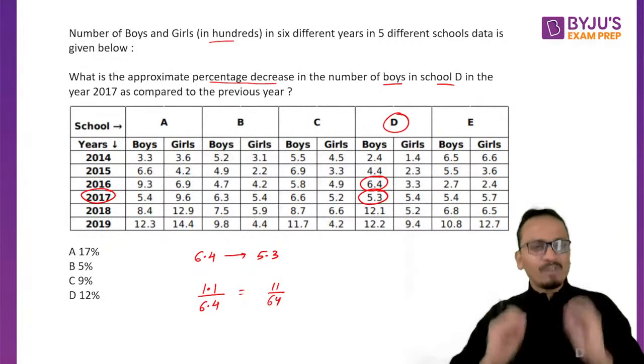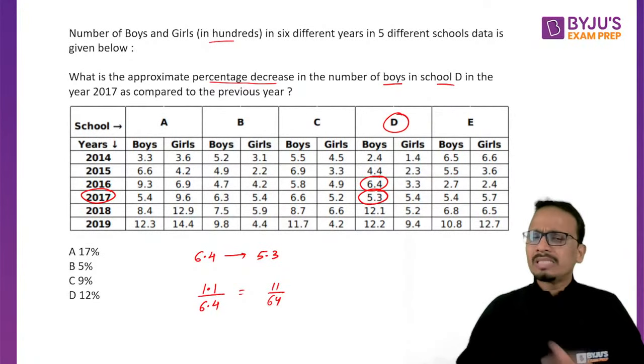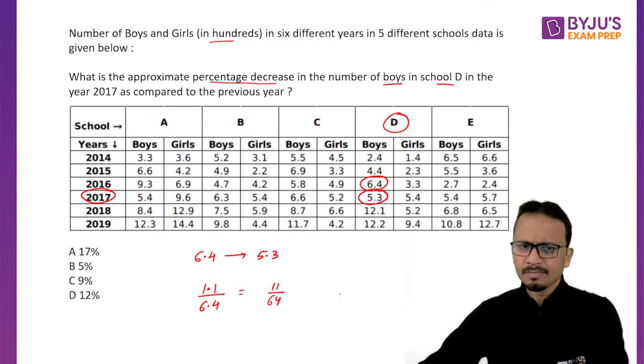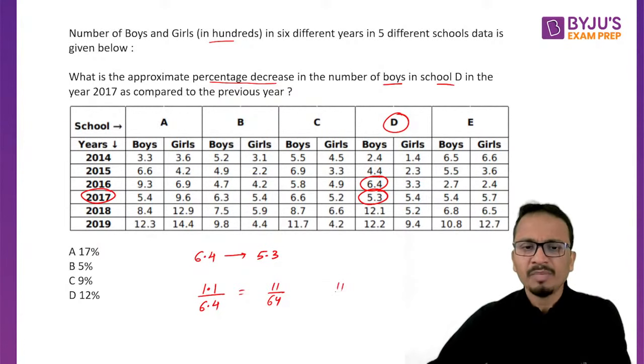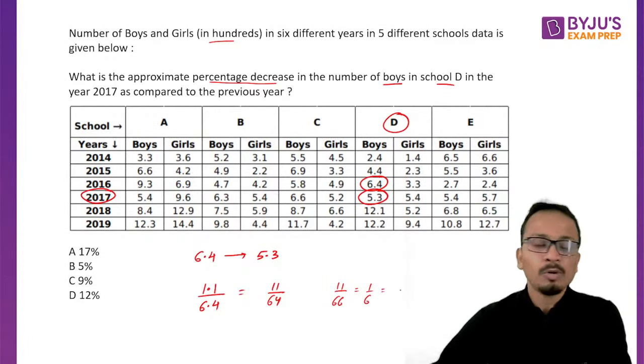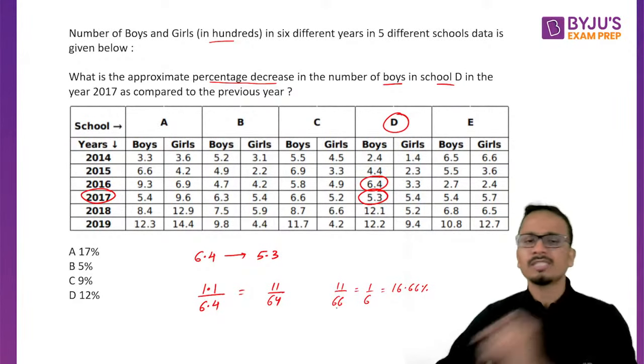Now, friends, have a look at how I use approximation techniques to get the answer for this one. If instead of 11 upon 64, it would have been 11 upon 66, that is 1 upon 6. Now, 1 upon 6 as a percentage is 16.66. So, instead of 64 in the denominator, I have used 66.